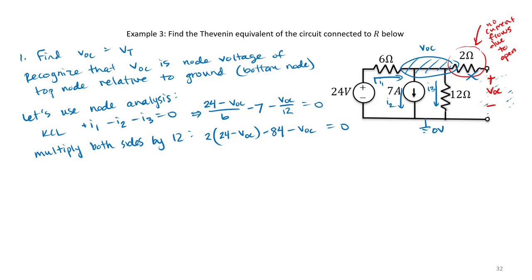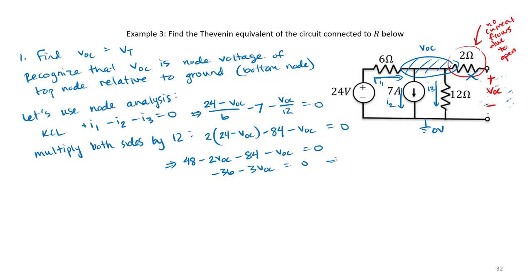And notice here we can simplify further, so we have 48 minus 2 VOC minus 84 minus VOC equals 0. So we have 48 minus 84. If we combine those two terms, we will determine that we have negative 36 minus 3 VOC equals 0.